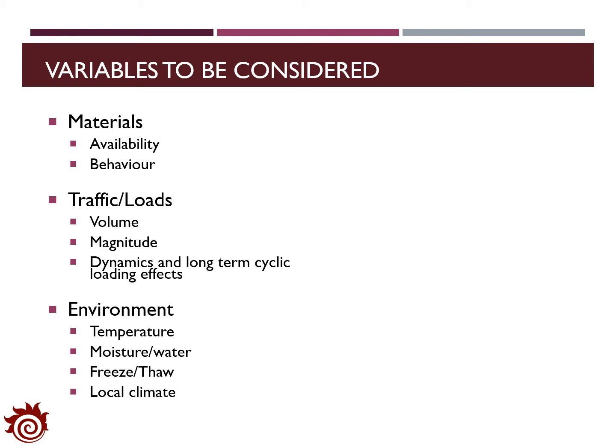We have to know how much traffic the pavement has to support, and the magnitude of the traffic, especially the magnitude of each truck, and the dynamics and the long-term loading effects. The third one is the environment. We need to consider the temperature impact, moisture, freeze-thaw effect, and the local climate impact to the pavement.